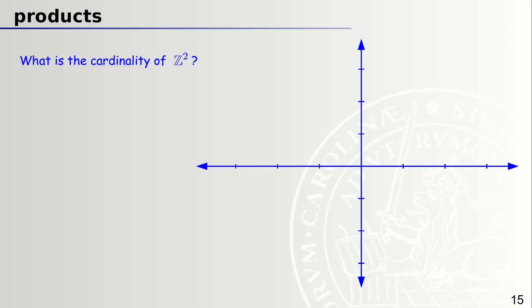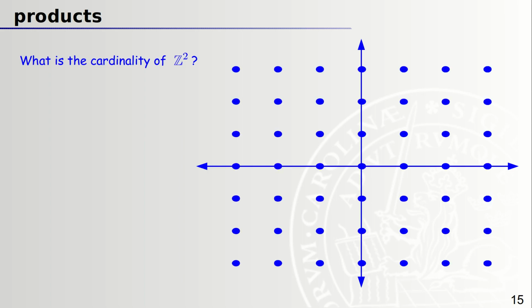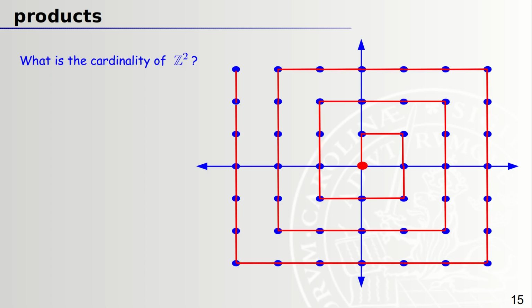Let's start by drawing the elements of Z squared in the plane. Z squared is a set of all those dots on integer coordinates. Starting with the origin at point 0, 0, we take a spiral walk around the origin.